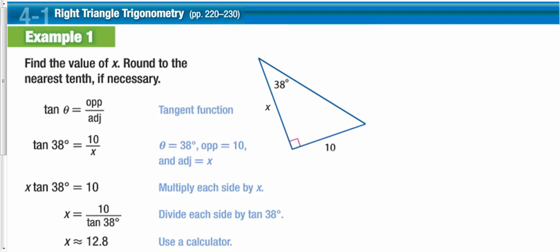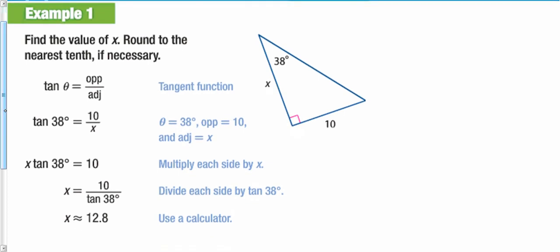We're going to find the value of x here. So I know that my angle right there, 38, is giving me the opposite side. And x, I'm looking for the adjacent side, the angle right next to it. In this case, the hypotenuse, which is right here, I don't need to know. So I have to think about what ratio uses opposite and adjacent, and the answer to that is tangent.